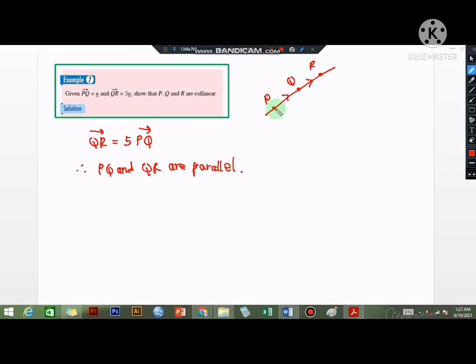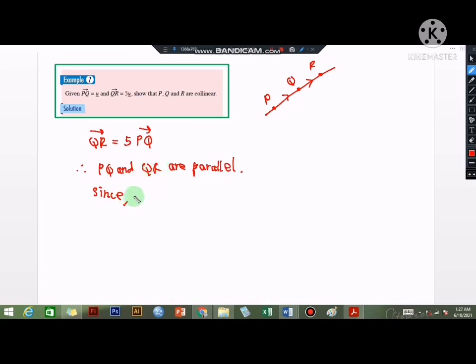Okay, not just this one. For collinear, you need to give another piece of information, which is that you need to find the common point. Where is the common point in here? Point Q is in the vector PQ and point Q is also in the vector QR.